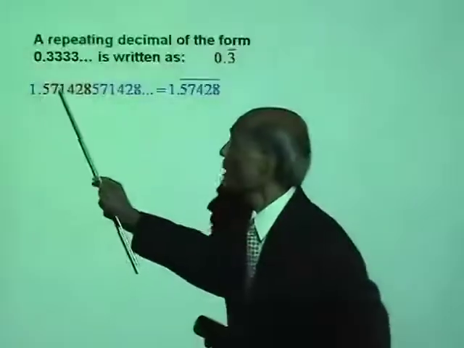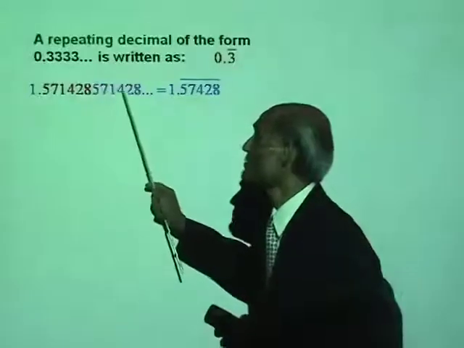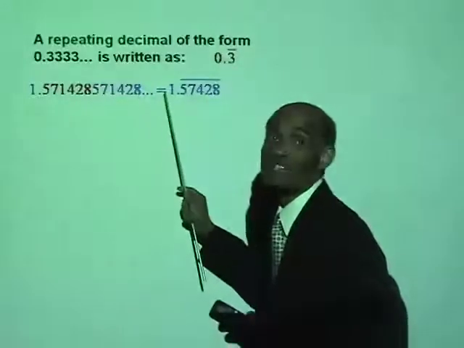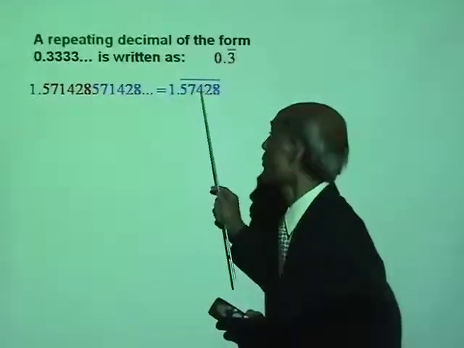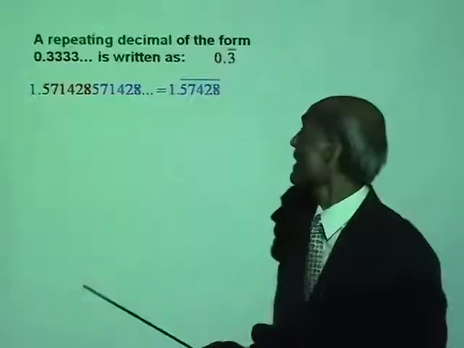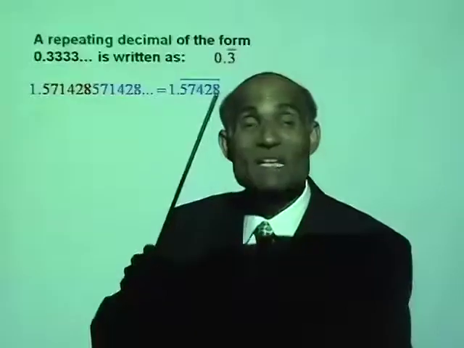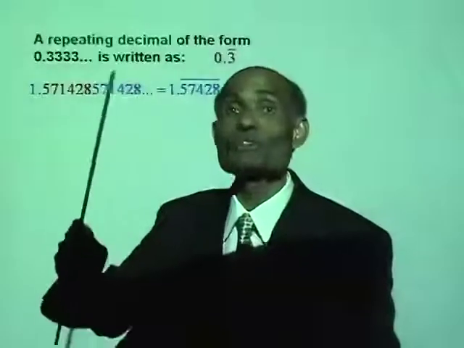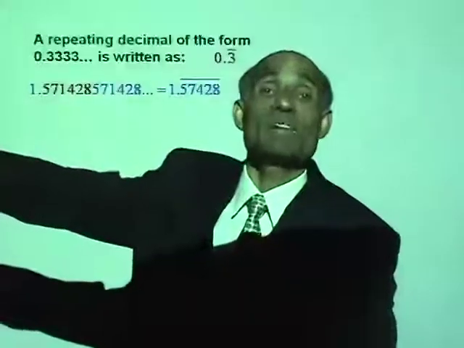And 1.571428, 571428 is written like this: 1.5 with a line on top of 71428. What does that mean? It means that 71428 is repeated indefinitely.